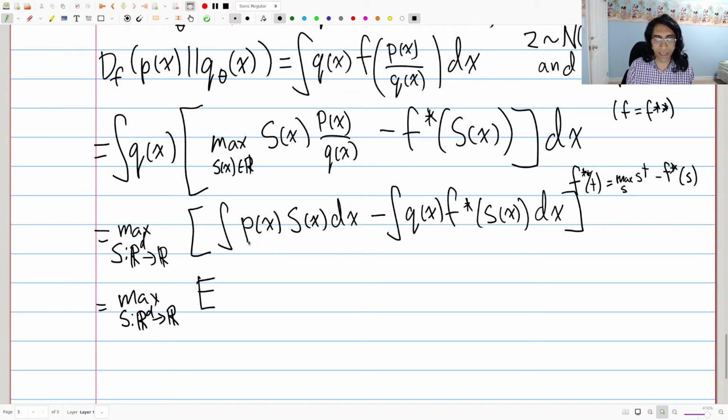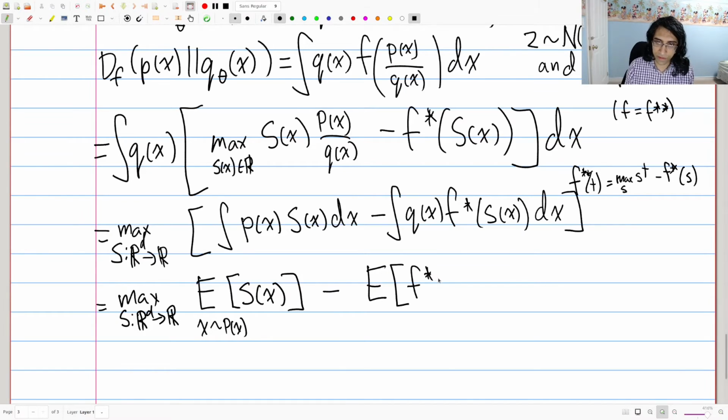Note that this is just the integral with respect to some density p of x of s of x, so we can write that as an expectation, where x is distributed as p of x, minus the expectation of f star of s of x, where x is distributed according to q, and I'll put in this theta again here, of x.